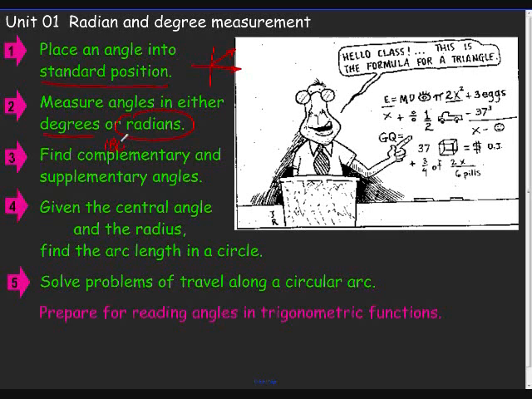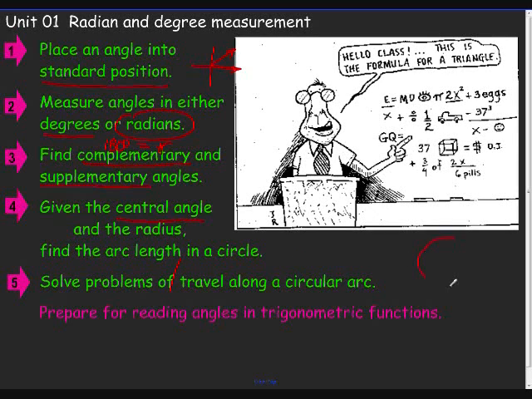180 degrees, or a semicircle, is equal to pi radians, still a semicircle. We reminded ourselves of some of these definitions from back in geometry, including what a central angle is.